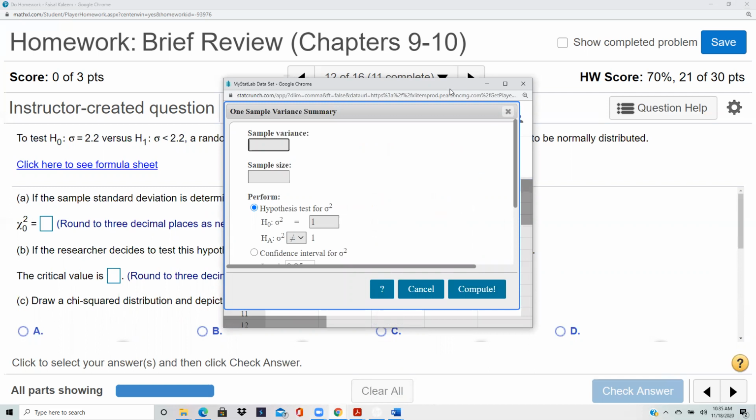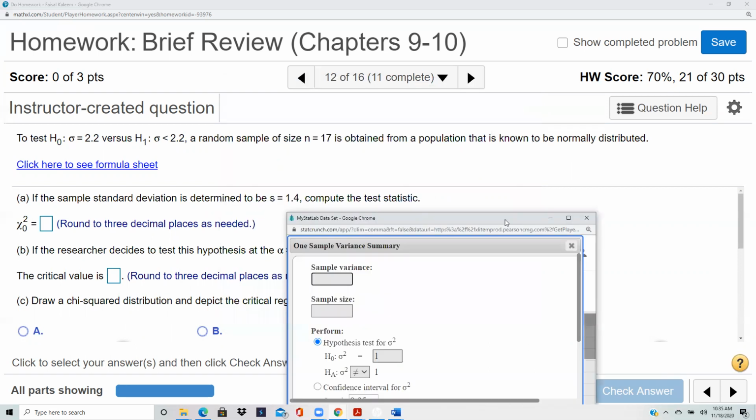Okay. And we'll have to square what? For 1.4, that'd be 1.96. Sample size is the n.